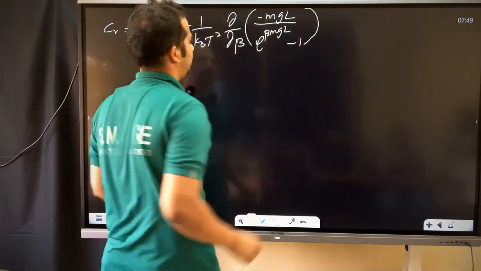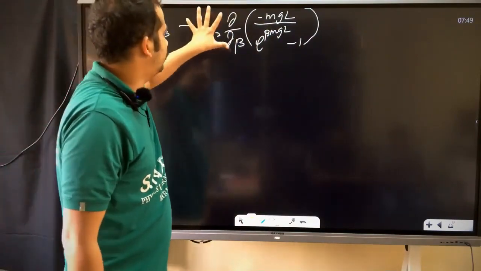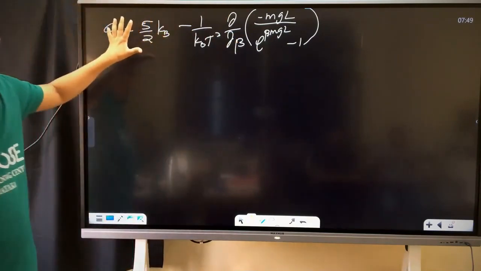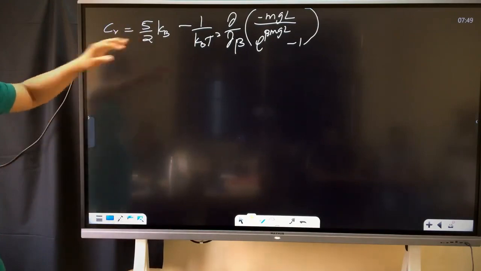Can I write like this, only this part? It is actually a temperature derivative. Temperature derivative is converted into beta derivative like this. Just recall. This part again, I will not do beta derivative, I have already written in terms of temperature.